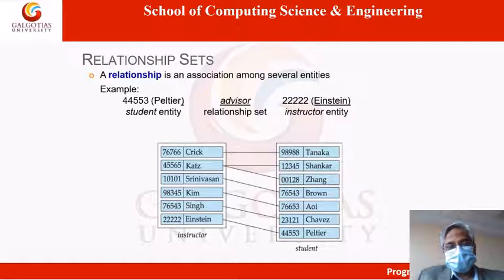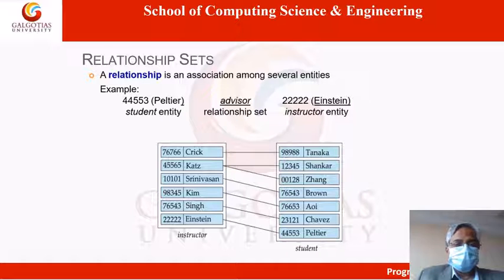Crick is an advisor of Tanaka. Shankar and Zhang both have the same advisor, Katz. Brown has advisor Srinivasan. Like this, these instructors are advisors to these students, and each line shows the relationship between the two entities.